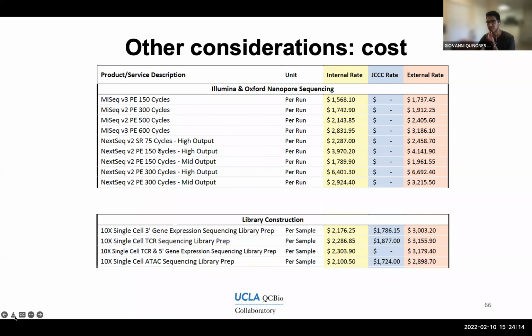Of course, depending on how long the reads are going to be, the price is going to be different. But if we pick, for example, NextSeq 150 cycles, so 150 bases long, high output, this is costing around $4,000. So that's to give you an idea of how much it costs to generate this data.